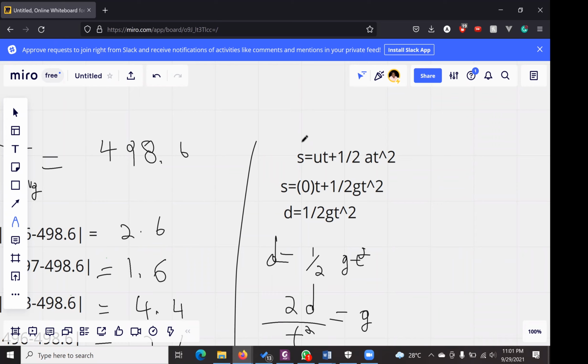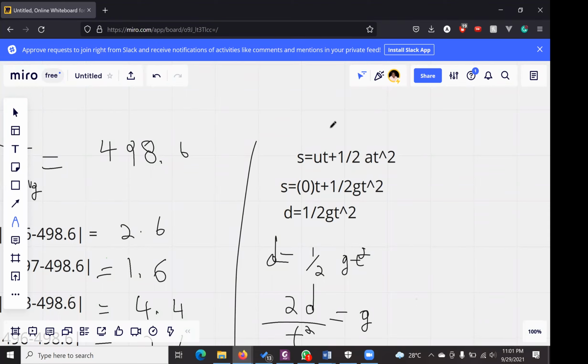Setting u to 0, that term becomes 0, so we're only left with the motion formula. This is d, so we end up with d equal half g t squared, right? And I just wrote that over right here. It asks us to find the value of g.